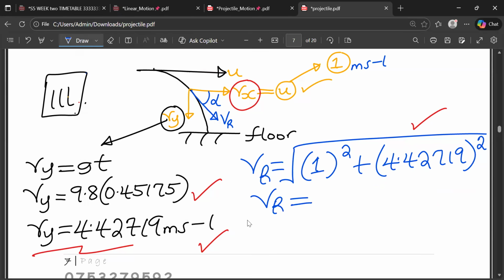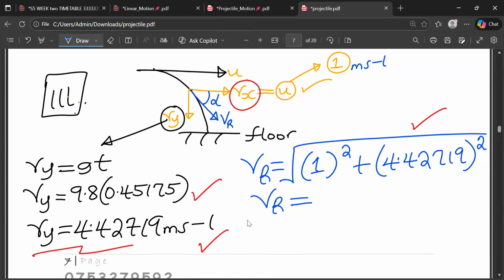So, what is the answer you people are getting? The answer squared, how am I writing this? People, what is the answer? 4.42719 squared plus 1 squared, then the square root of the answer.